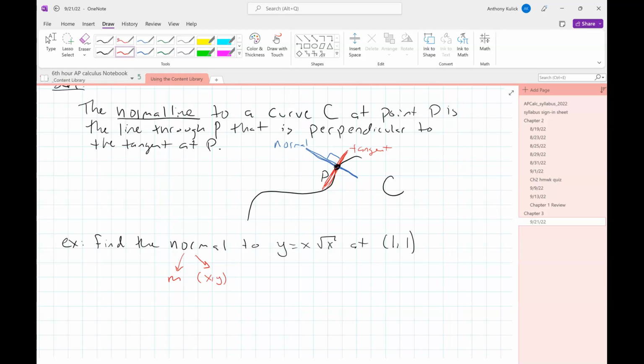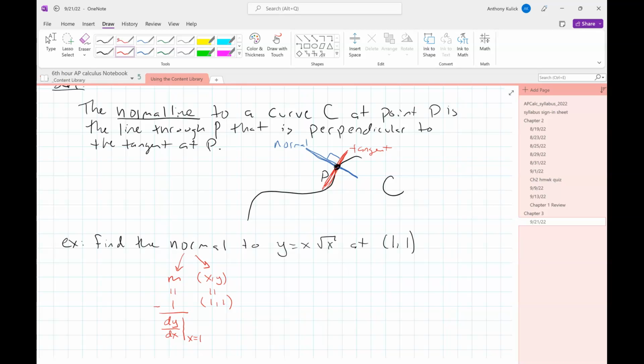The point we're given in the problem. We know that the normal has to pass through (1, 1). And the slope we know is going to be the negative reciprocal of the slope of the tangent line when x is equal to 1.